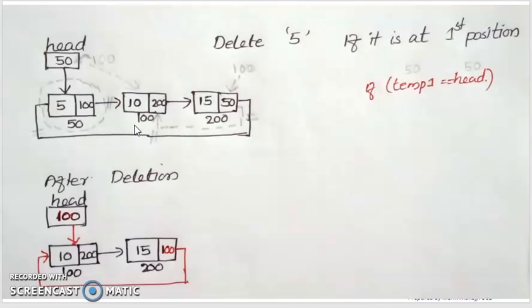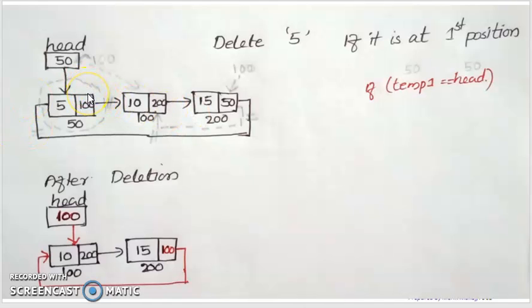We have already seen how to find whether it is the only one node. That condition is already checked. Right now we are going to check whether this node is the first node or not, and we check it using the condition if temp1 is equal to head. If this condition is true, then the node which contains the key element is the first node.